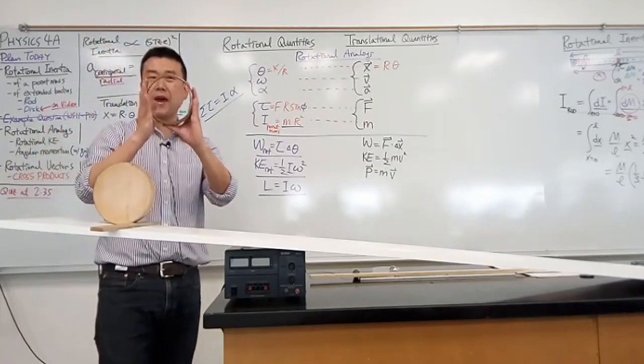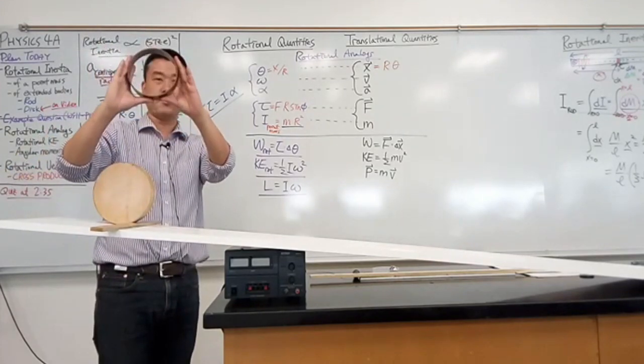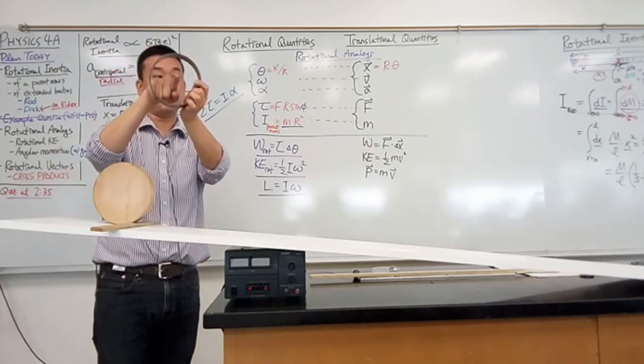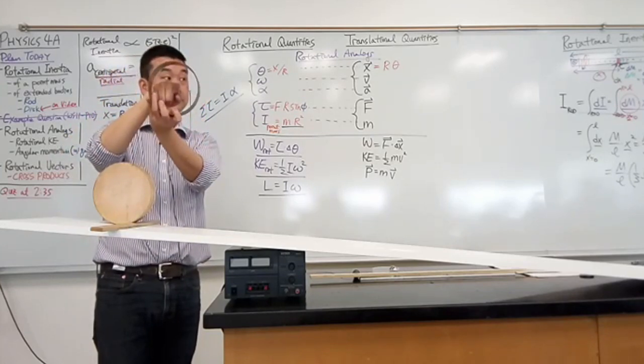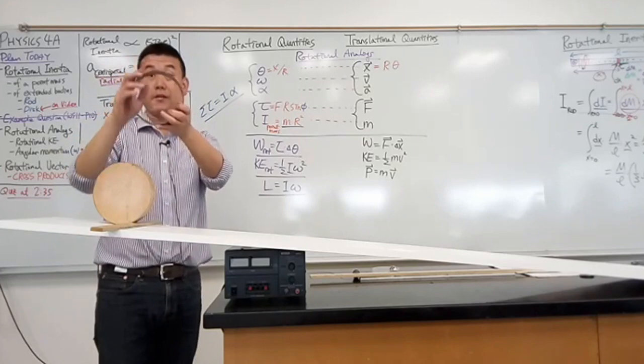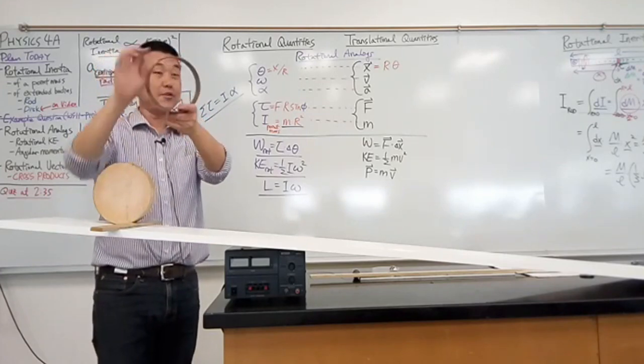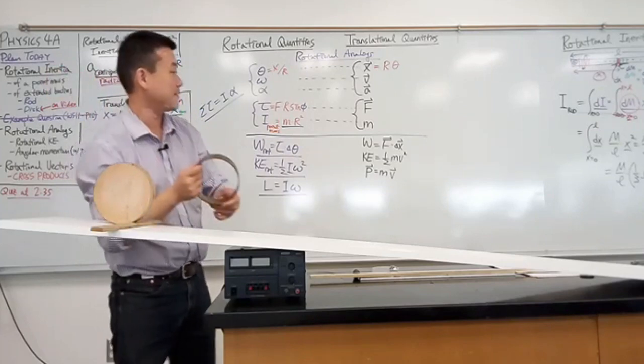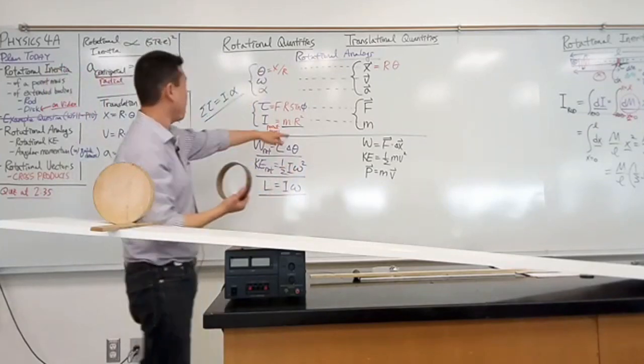In fact, do you have a guess for what the formula for the rotational inertia of a ring is, if I'm rotating it about its center? Yeah, mr squared. So this is one example where all the mass is at the same distance, so you can just use the same formula as for the point mass.